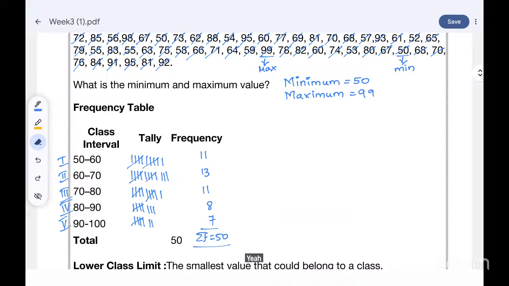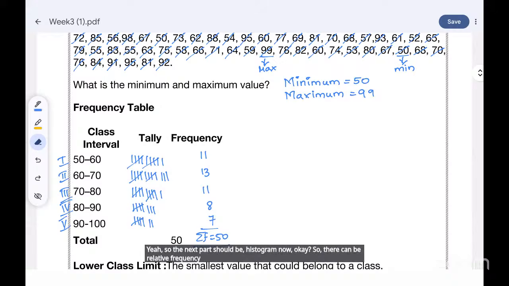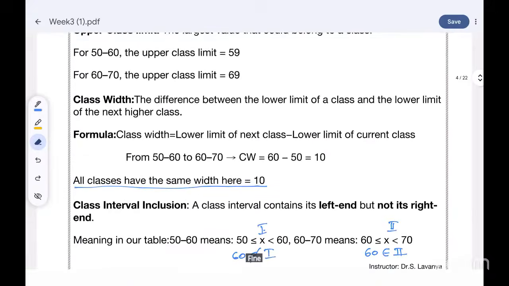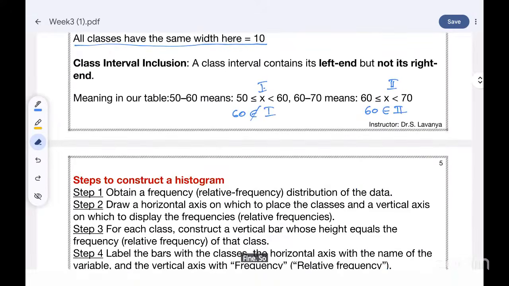Relative frequency. Or someone mentioned midpoint, but now we are going to see the histogram. The graphical representation is what we are going to see next. So, how to make a histogram?